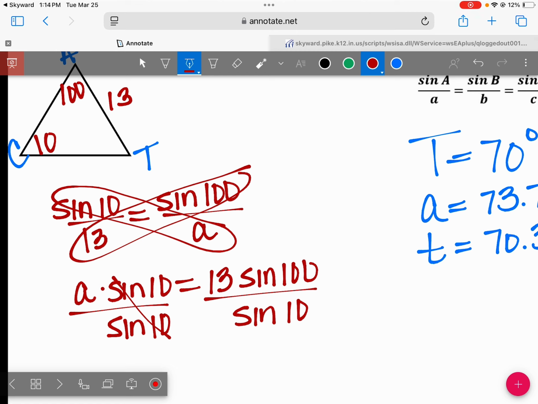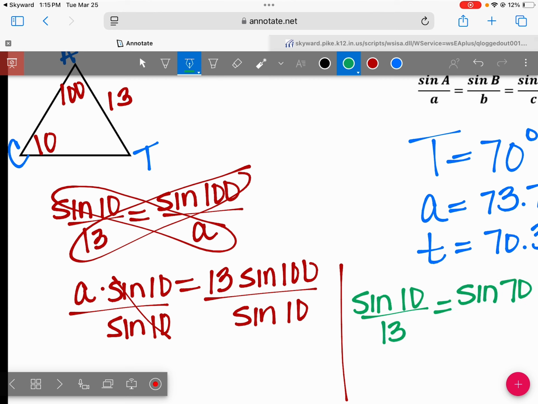Then you're going to do something similar to find t, except when you're finding little t, you set it up sine of 10 over 13 equals sine of t, which we figured out was 70, over little t. The process is the same. These are proportions.